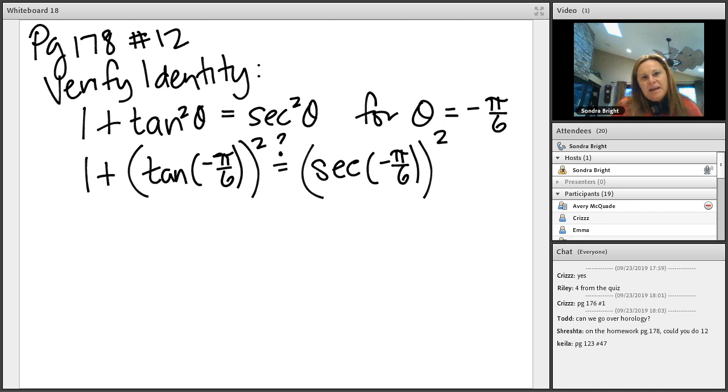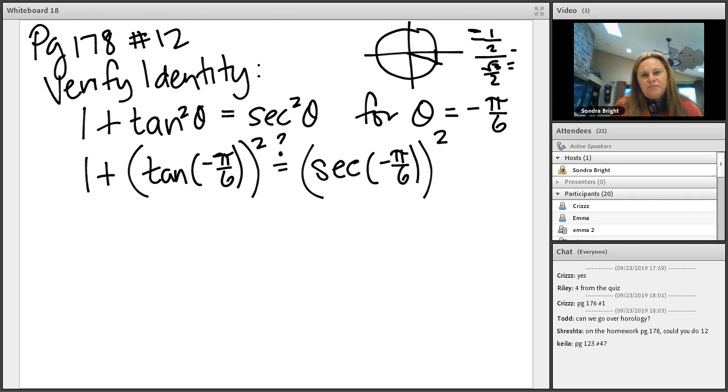All right, so negative pi over 6 means that you've gone clockwise, and that's 30 degrees, right? So that's a rad 3 over 2 and a negative 1/2. So tangent is going to be negative 1/2 over rad 3 over 2, which means that it's negative rad 3 over 3 once it simplifies.